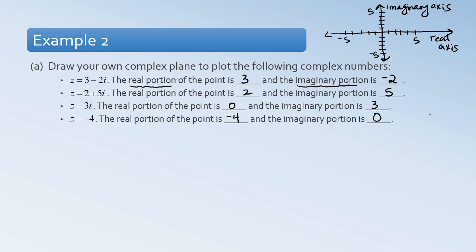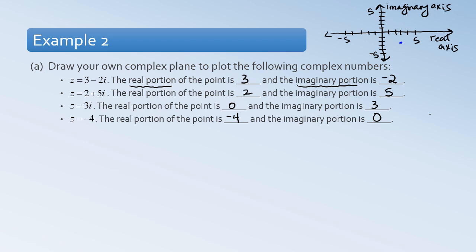All right, so for z equals 3 minus 2i, starting at the origin, the real portion is 3 units, so I'm going to move to the right on the real axis, and then I'm going to go down 2 on the imaginary axis to put me at about right here. That's in my fourth quadrant.